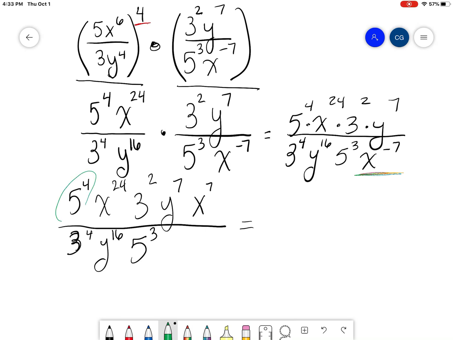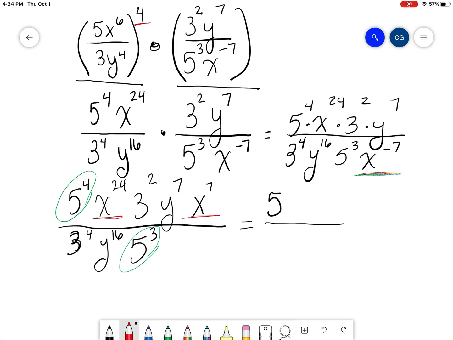Now I'm going to start cleaning this up a little bit. On the top, I have 5 times 5 times 5 times 5, because I have 5 to the 4th. On the bottom, I have 5 to the 3rd, which means I have 5 times 5 times 5. So I have one extra 5 on top than I do on the bottom. So if I cross off 3 5s on the bottom and 3 5s on the top, I'm going to be left with 1 5 upstairs. Now, I also have an x to the 24th and an x to the 7th upstairs.